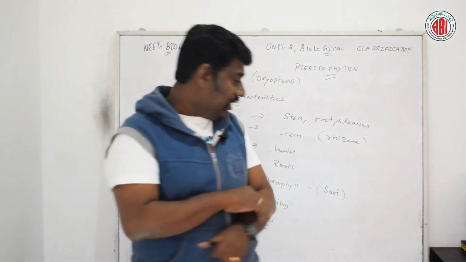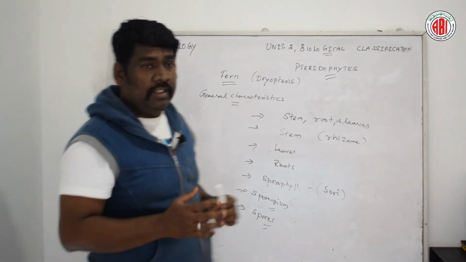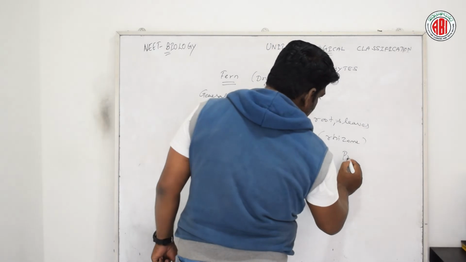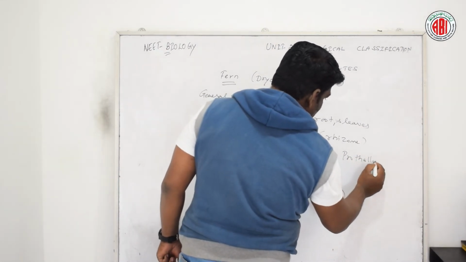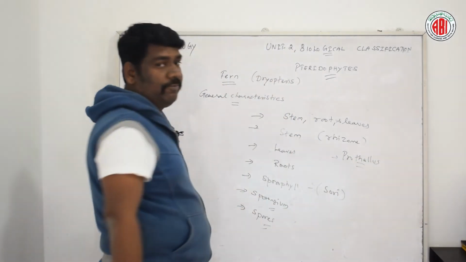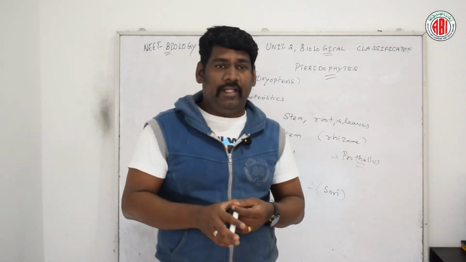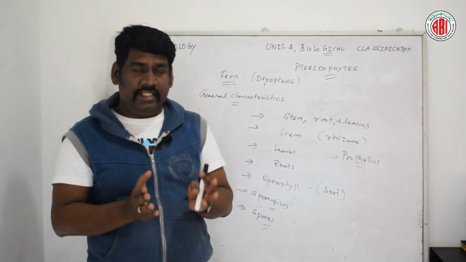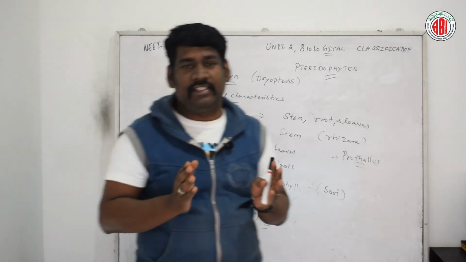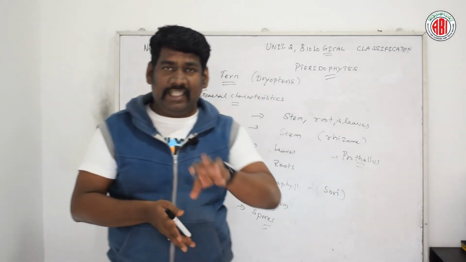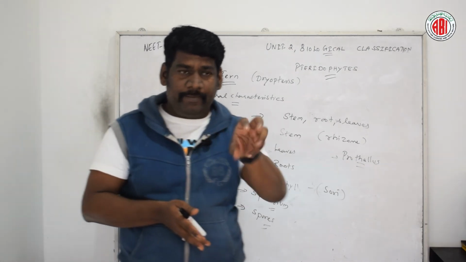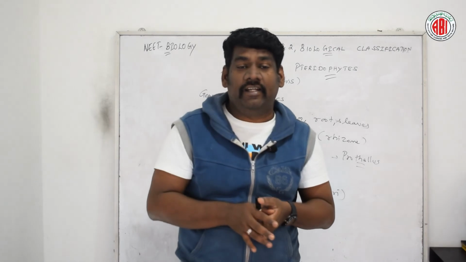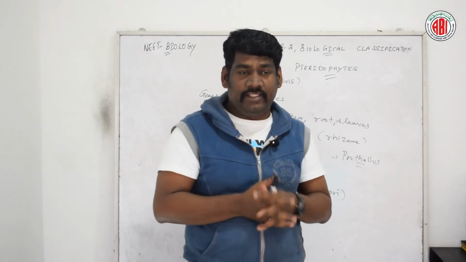Now let us talk about the structure of prothallus. Prothallus is green in color and heart shaped, and the margin is very thin and single layered, while the central or mid part of the prothallus is very thick, containing many layers of cells, called the cushion.